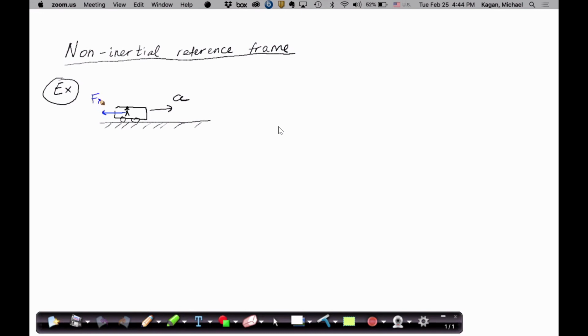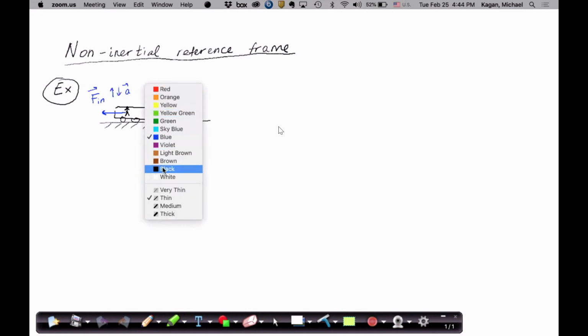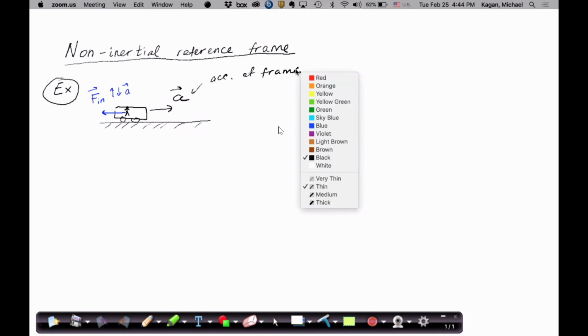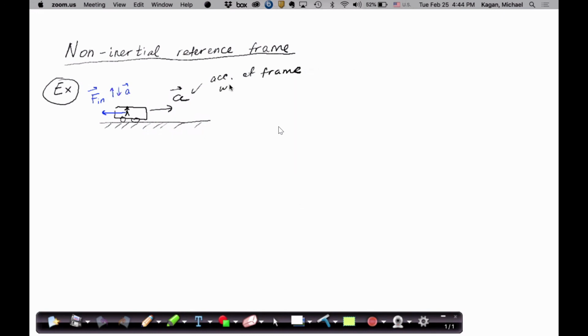We'll call this force of inertia. This is anti-parallel to the acceleration vector. So A is the acceleration of the frame with respect to the lab frame or the stationary frame, okay?